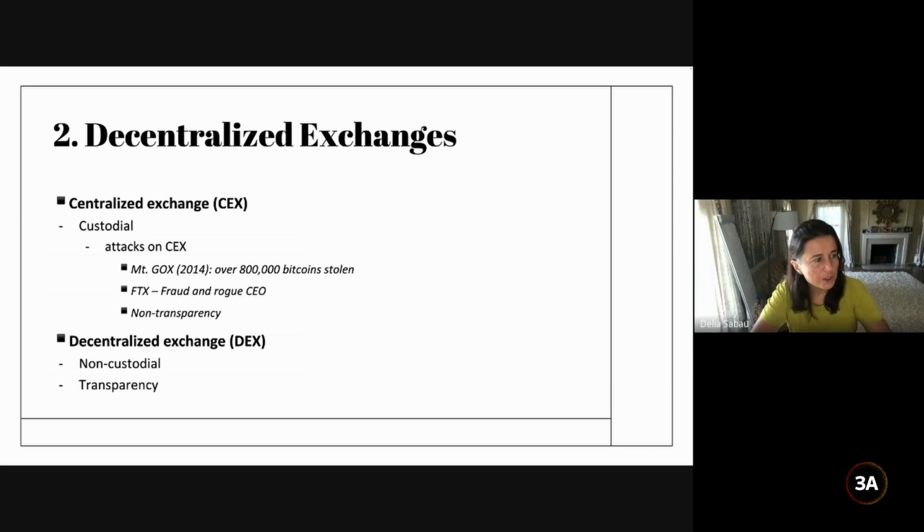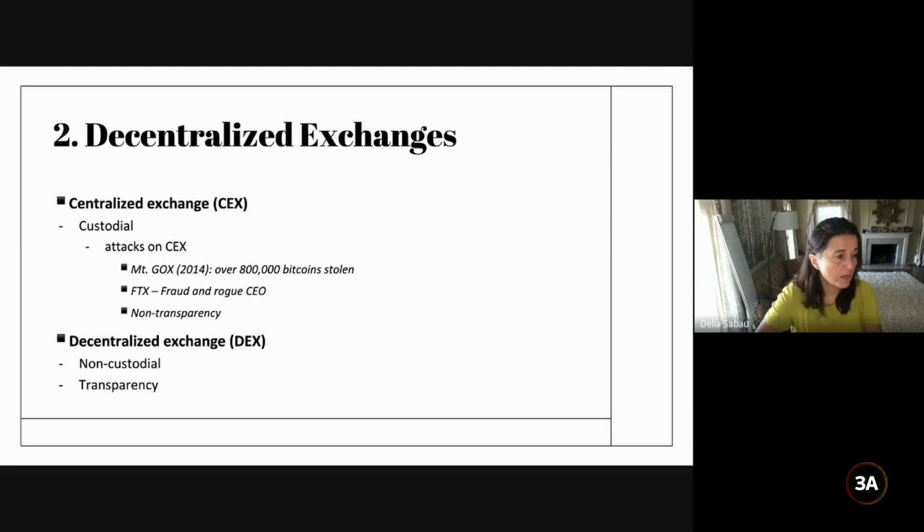An exchange is a marketplace that allows the trading of different financial assets, and traditionally this has been done through centralized exchanges. Like any other centralized financial service, a centralized exchange holds custody of users' assets. And there have been many attacks on centralized exchanges.